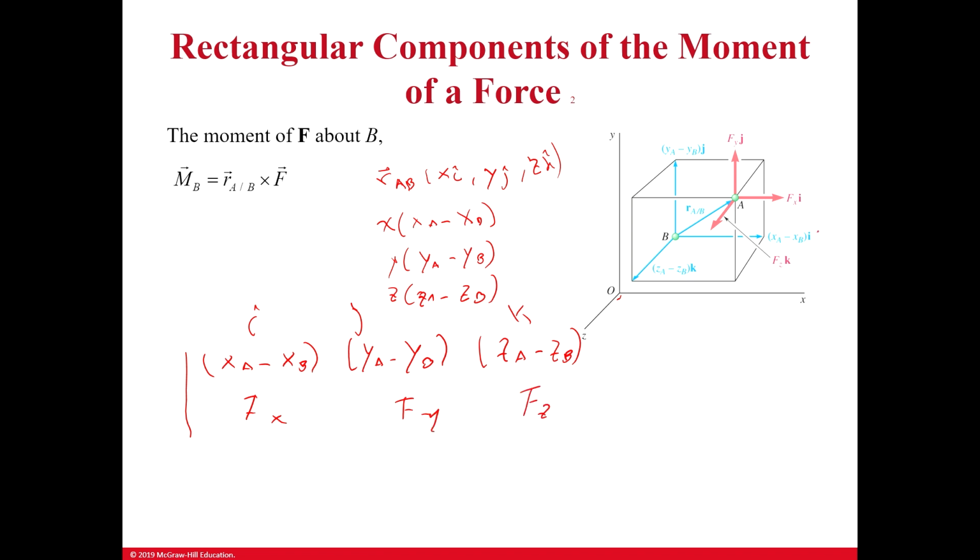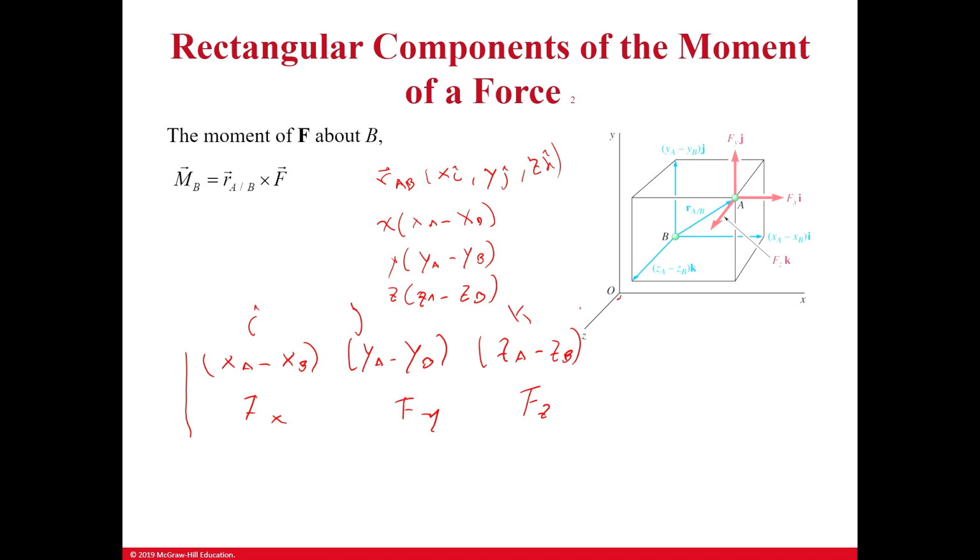Fz. So for instance, if this vector is going from 0x, 0y, negative 5z to the head at 10x, 5y, 3z, then you just put xa is the x coordinate at the head, and xb is the x coordinate at the tail.